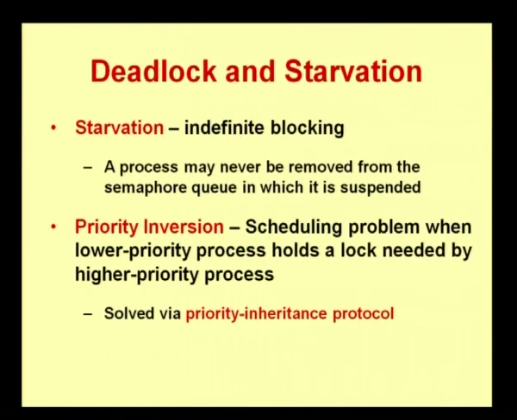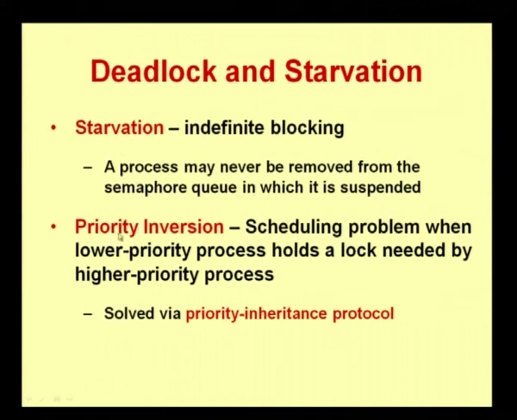If the process is being blocked indefinitely for an infinite amount of time, then it is called starvation. So in the case of starvation, a process may never be removed from the semaphore queue in which it is suspended, because already the process is suspended for quite some time. If it has been suspended for an indefinite period, then it is called starvation.